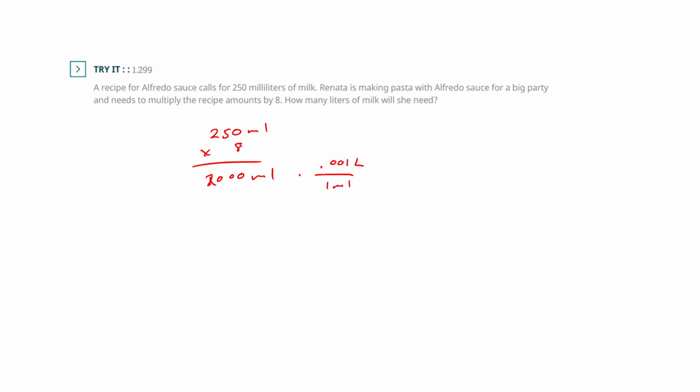So 1 milliliter is 0.001 liters. So we are just going to cancel those units. Oh, you could have done it like that, but yeah, I think we've been doing it like this. There's 1,000 milliliters in 1 liter. Same thing, but I think this is a little easier to understand. Okay, so if we divide those, we'd get 2 liters.